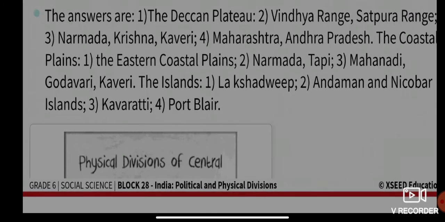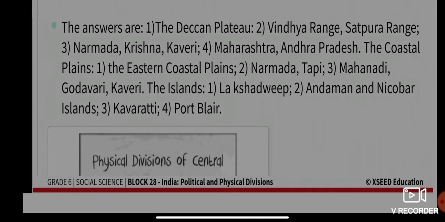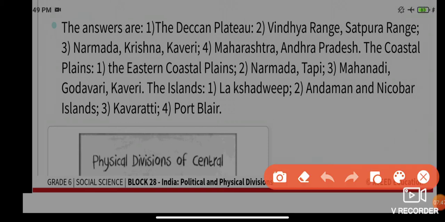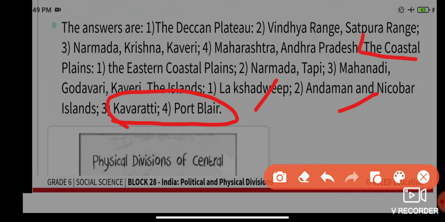And when it comes to island, Lakshadweep, Andaman, Nicobar Island, Kavaratti, Port Blair. Alright, so Kavaratti and Port Blair are names of cities under Lakshadweep, Andaman and Nicobar Island. And when it comes to coastal plain, the eastern coastal plain, Narmada, Tapi are names of rivers, Mahanadi, Godavari, Kaveri.